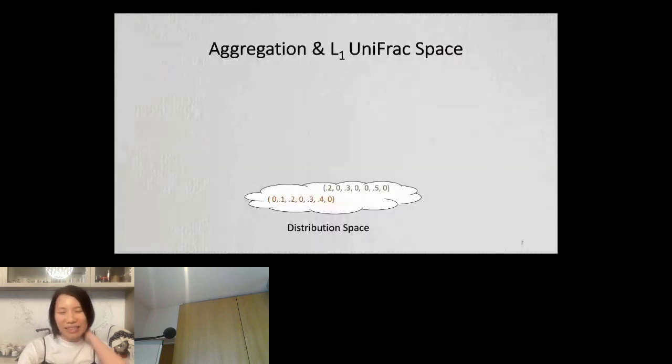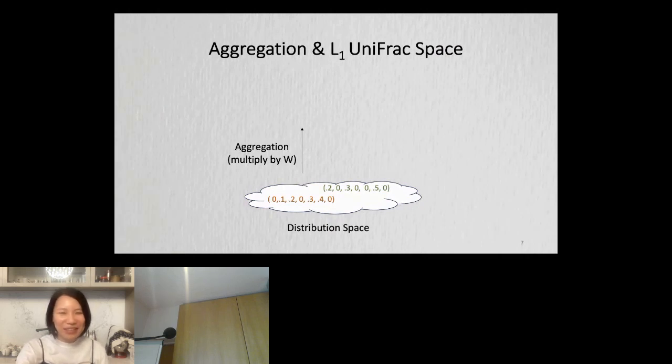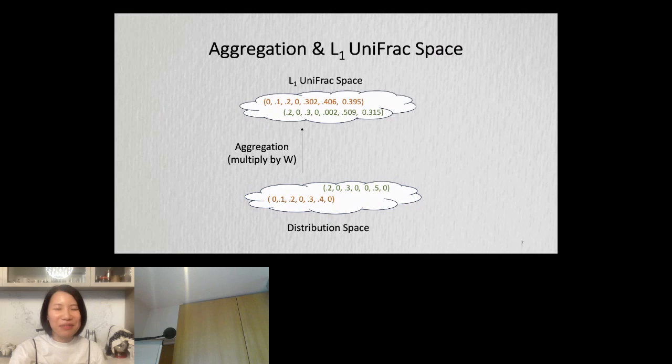We can look at this aggregation process in this way: the samples are viewed as vectors lying in the distribution space, and through aggregation, their points are projected into a different space, which we call the L1 UniFrac space, because when we take the L1 distance in this space, it computes the UniFrac distance.